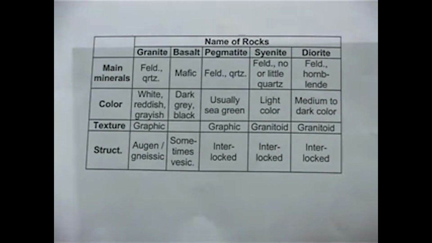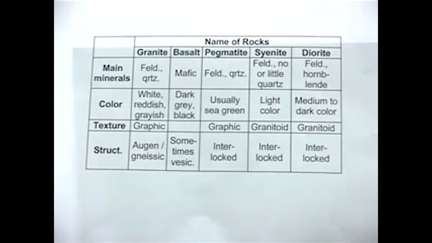Okay, now we are into igneous rocks. Their origin is basically volcanism, or actually cooling of magma really.